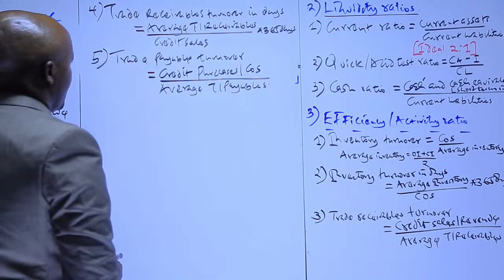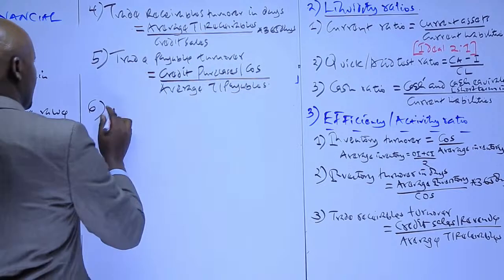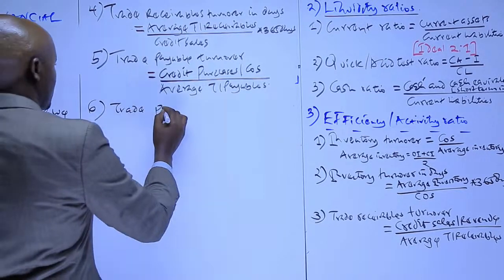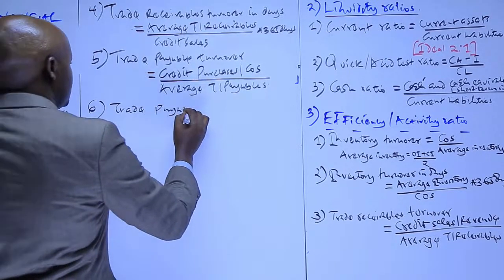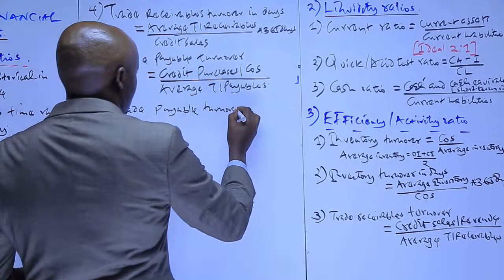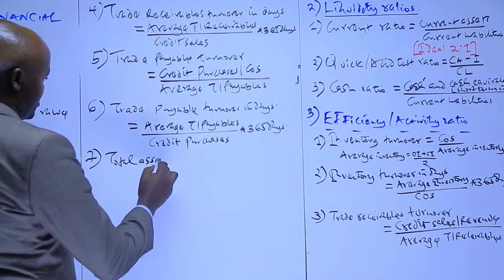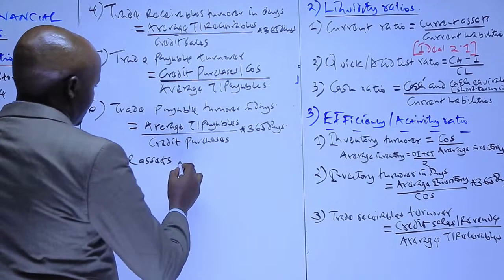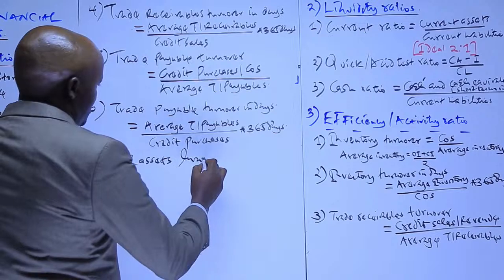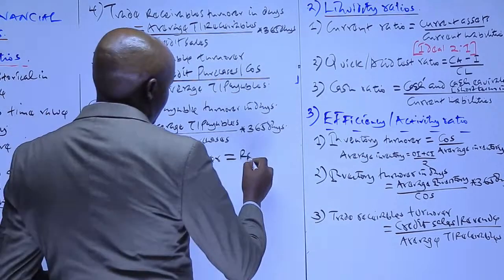And then we also have the other efficiency or activity ratio, which is trade payables turnover in days. In other terms, this can also be known as the total assets turnover, still an efficiency ratio, and this is computed by taking revenue.